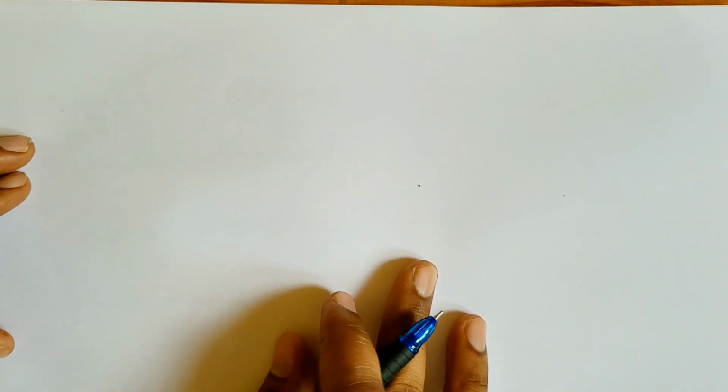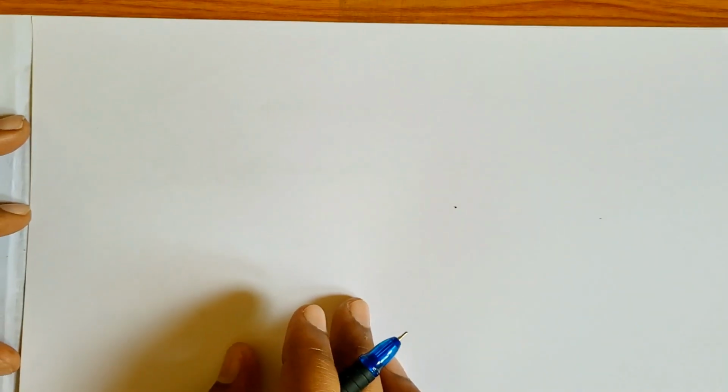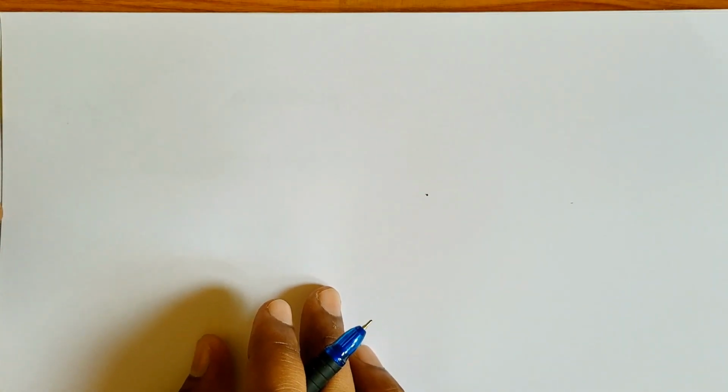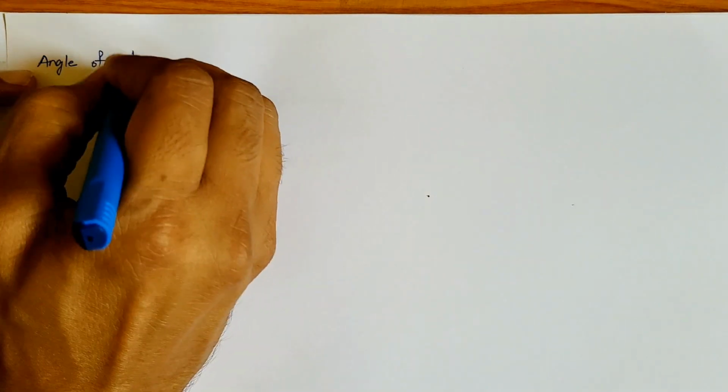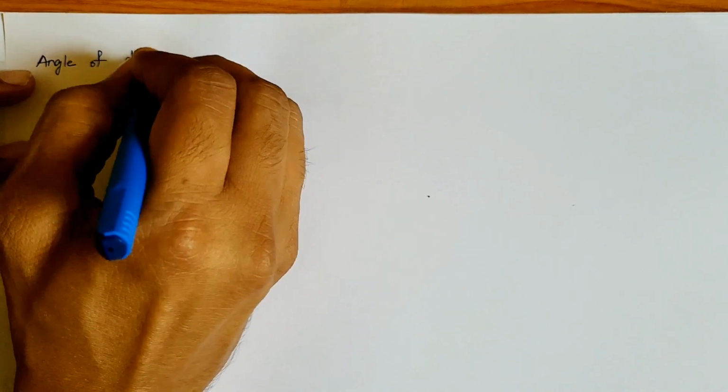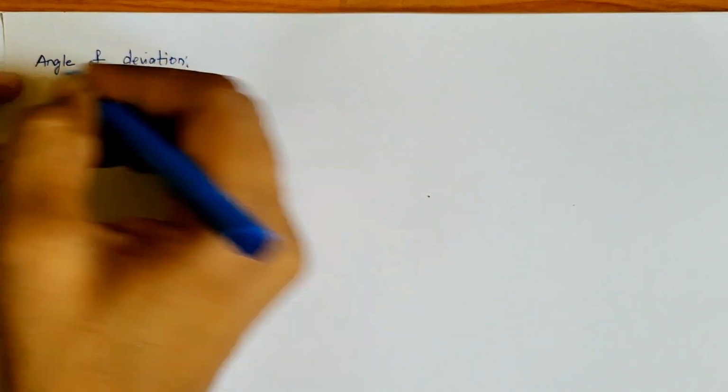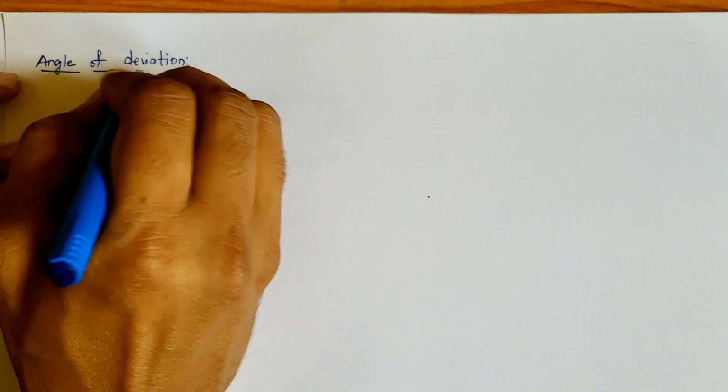Now let us study the angle of deviation. See, first let us study the angle of deviation. What is this angle of deviation? Imagine that you are going in this direction.